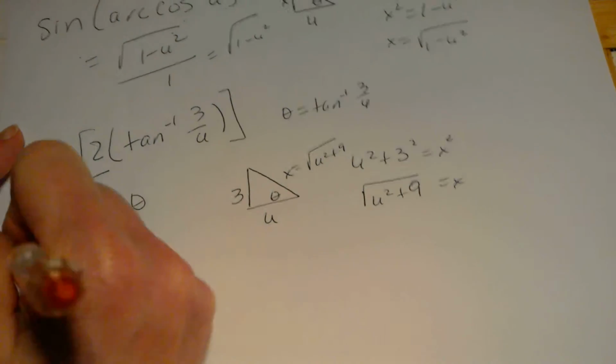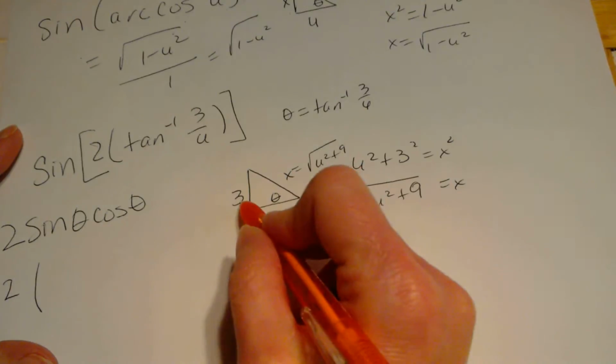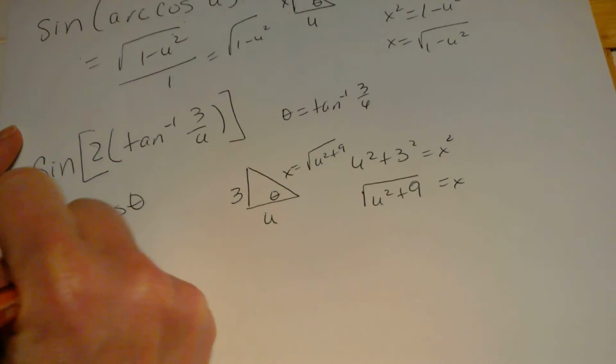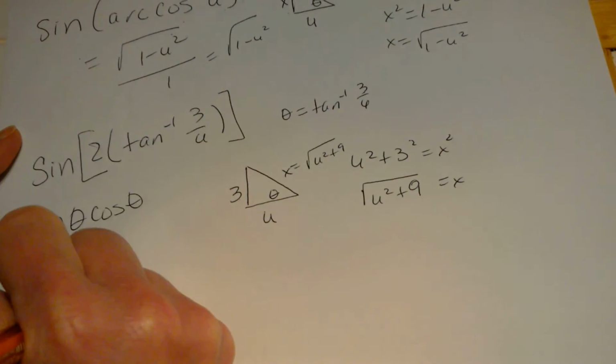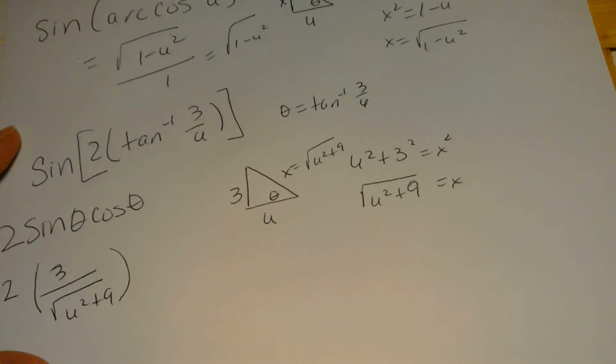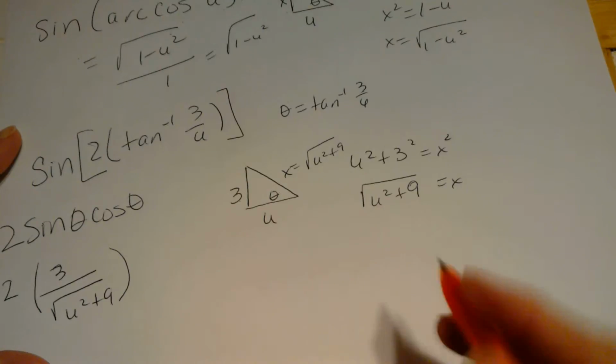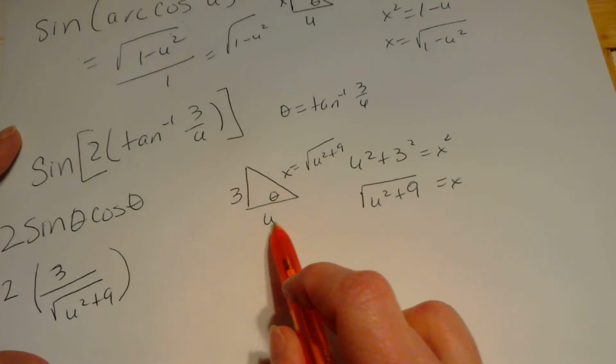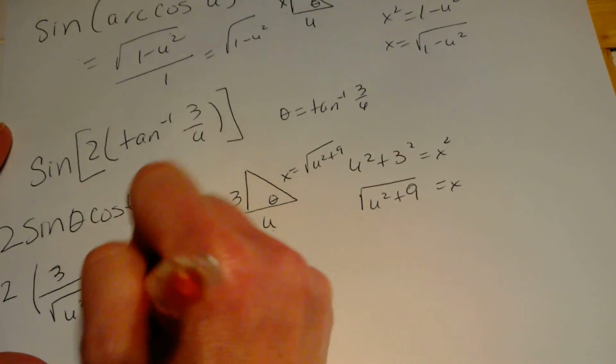So here I'm going to have 2. My sine is my opposite, 3, over my hypotenuse. And then my cosine is the adjacent, u, over my hypotenuse.